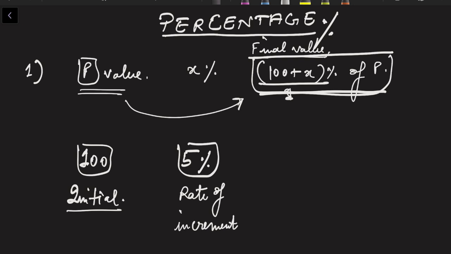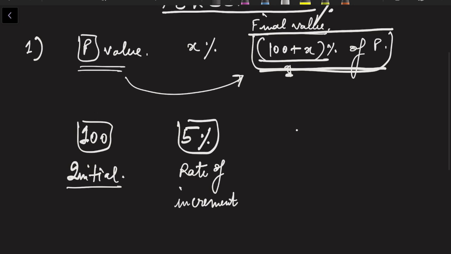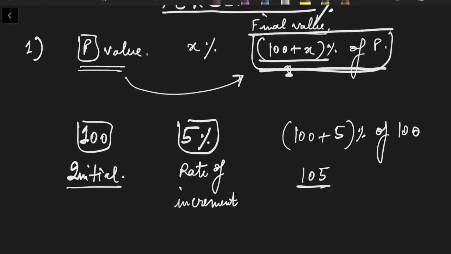Now the final value will be 100 plus 5% of P. P is 100 here, so 105%. We divide it by 100, and of means multiply into 100. So 105.